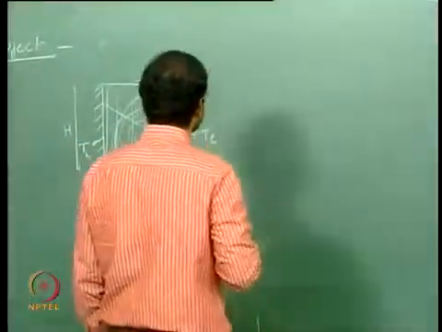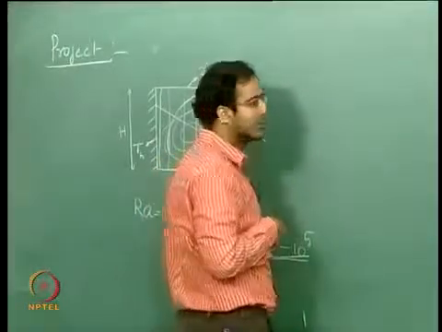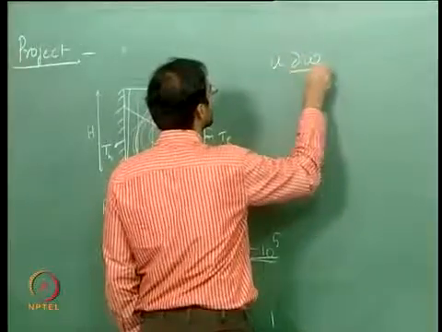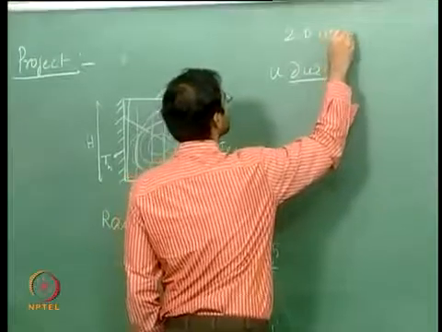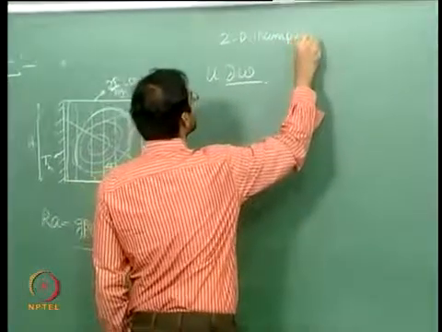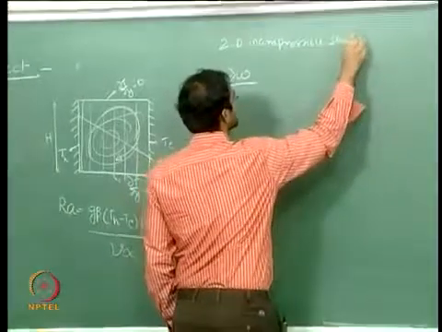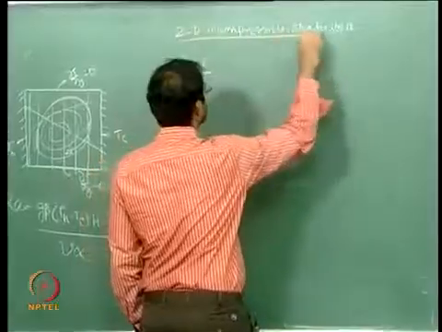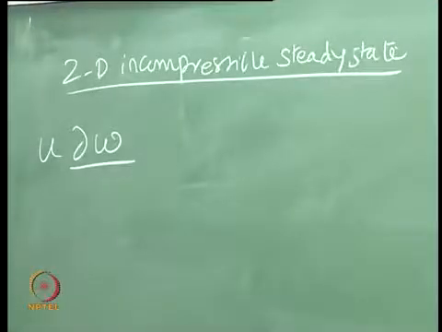In that case your vorticity equation can be written as u d omega by dx plus v d omega by dy. I am writing this under the 2D incompressible and steady state approximation. So you don't have to look at the unsteady or transient patterns; you go directly to the steady state and get the steady state solution.